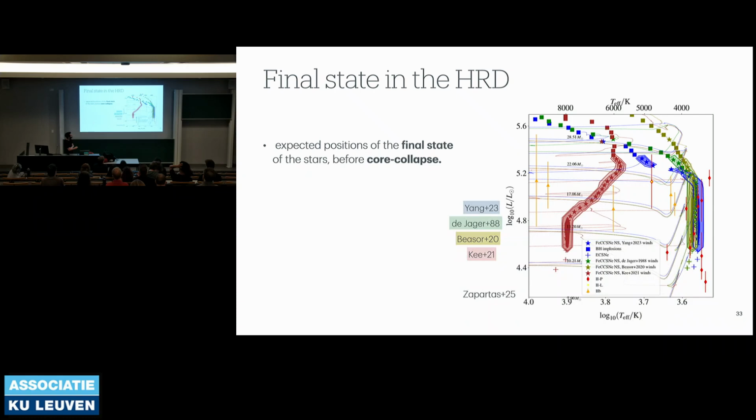The Yang et al. prescription strips the stars and also predicts some yellow supergiant progenitors that have not been observed till now. And the Key et al. has all this uncertainty, which strips the star completely, moving it to hotter temperatures.